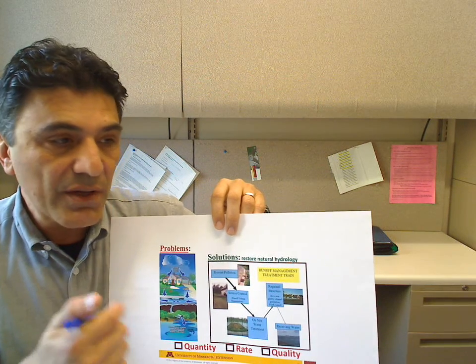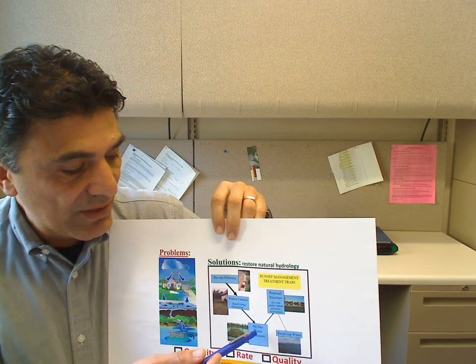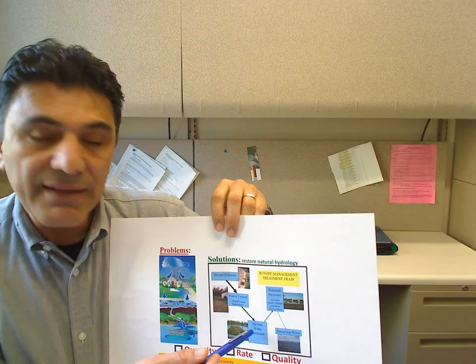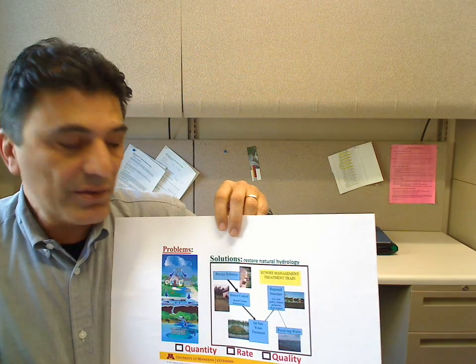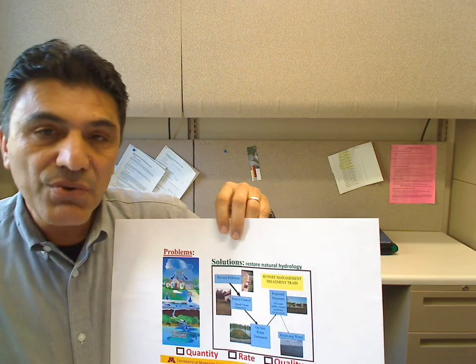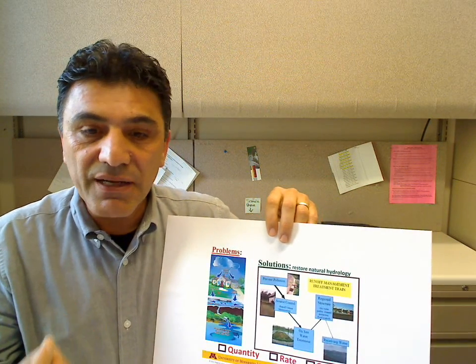How can we promote infiltration into the ground? That's our source control. And ultimately, we treat whatever we're left with at the end, and an example of that would be a water quality pond. So this is our stormwater treatment train approach, and that's where we can have a very effective system of treating and capturing stormwater runoff, making sure it's clean before it goes into our water bodies downstream.